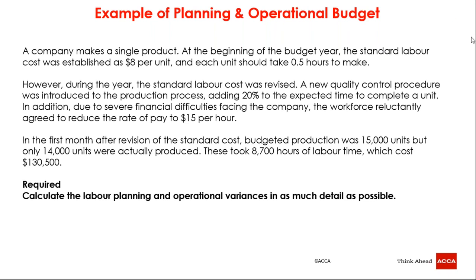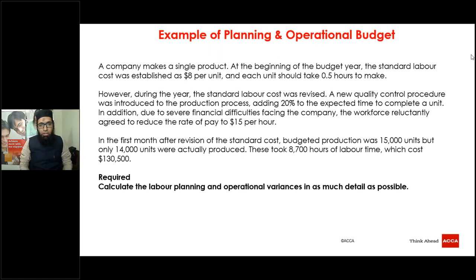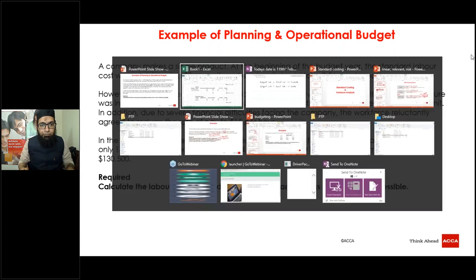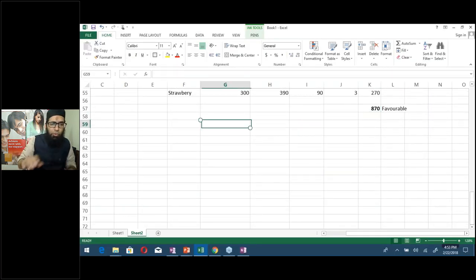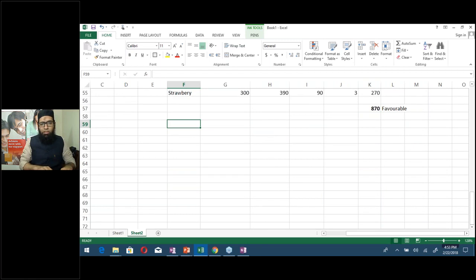So I hope you have read the information. I will once again be doing this question in the spreadsheet format. And please note how I prepare the data for that in this situation especially. I will first write all the information that is required. So I will be requiring actual output.